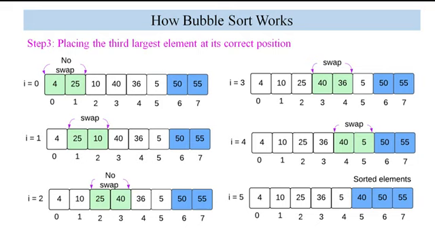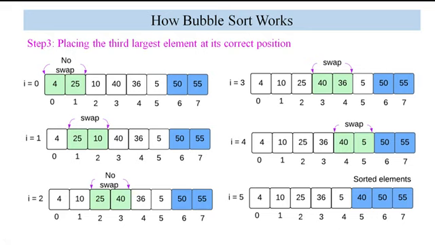Then 25 with 10, swapping will be done because 25 is greater than 10. In the next step, 25 will be compared with 40. Swapping will not be done because 25 is smaller than 40. In this way we continue till the end of this pass, that is up to iteration number 6, and 40 is placed at its appropriate place.